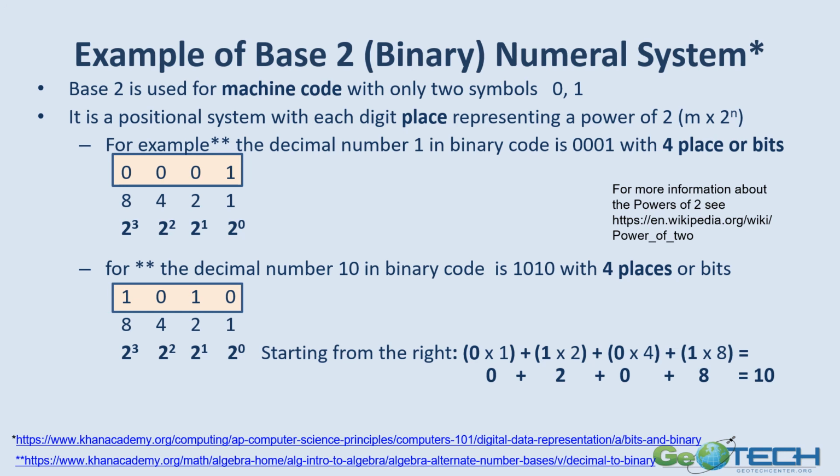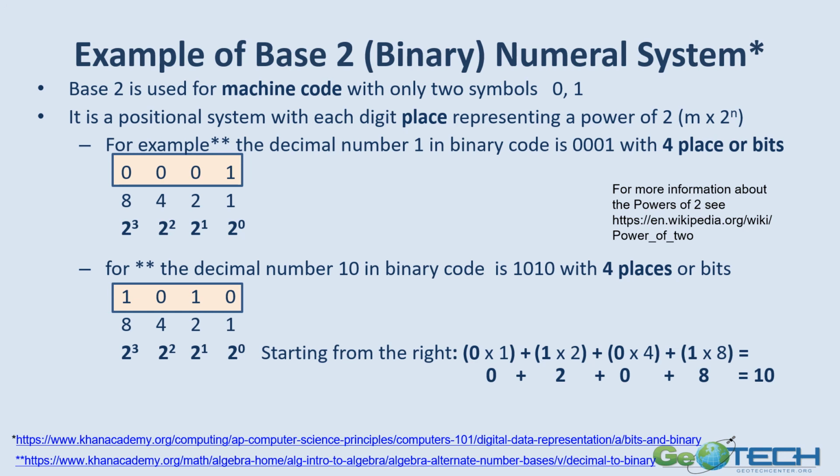Let's get to a little bit more complex one. How about the number in decimal of 10? In binary code, it's 1010, and it has 4 places or bits. Starting from the right, we have a 1. 2 to the 0 is 1.